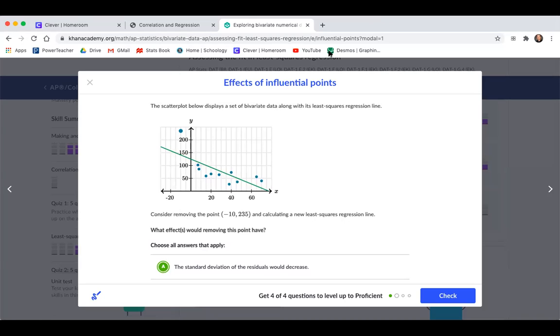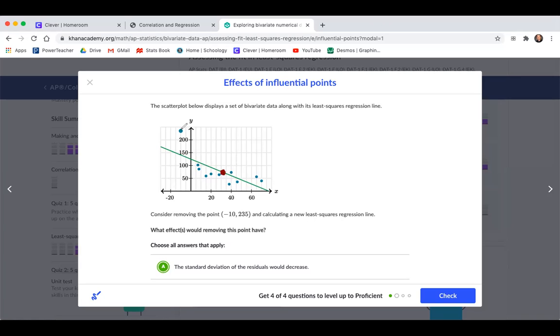Maybe I can try to sketch a new line to make it pretty clear. So the slope, a good way to think of it is we have an average somewhere, maybe it's like right here. And this is like a string that's pulling the line in its direction, and it kind of swivels on this fulcrum point right here.